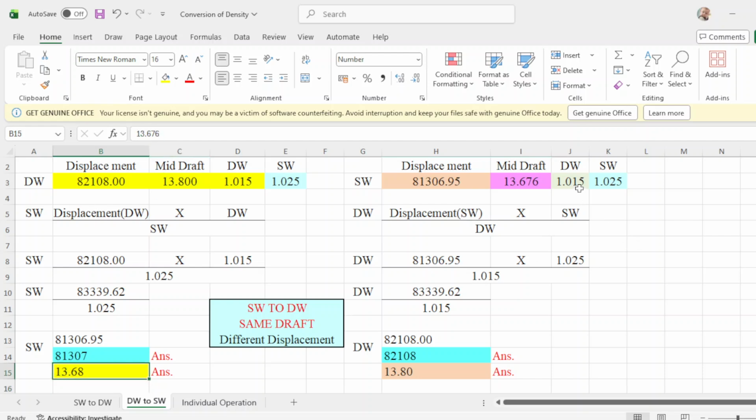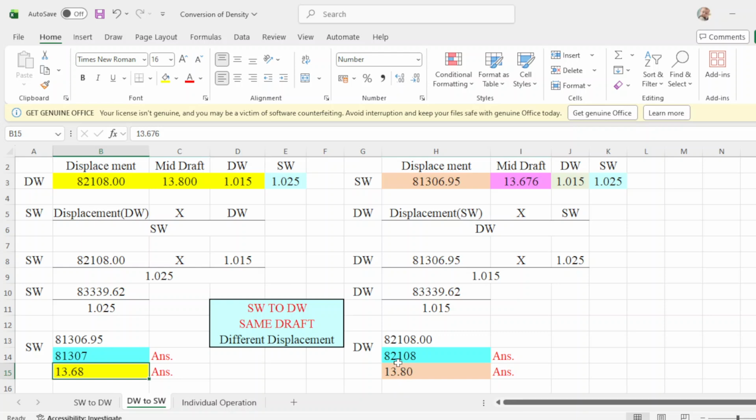And your dock water is 1.015, which is this one, and salt water standard of 1.025. So your displacement of salt water is this one, 81306.95 times your seawater over your dock water of 1.015. And the result will be dock water displacement of 82108, which is this one, 82108, and the draft will be 13.80.